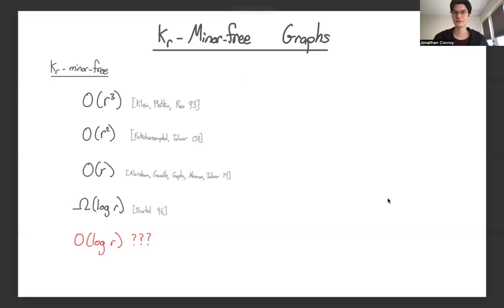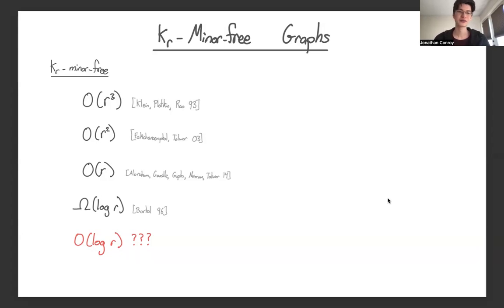So the first padded decomposition for minor free graphs was obtained by Klein, Plotkin, and Rao in 93, even before the padded decomposition was formally defined by Bartal. And they showed that K_R minor free graphs have padding parameter at most R cubed. And then an improved analysis of some slight variant of their algorithm was shown to have padding parameter R squared.